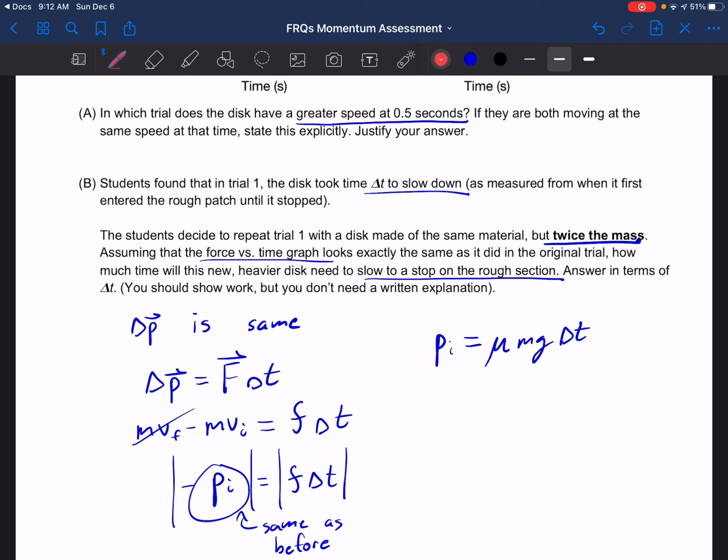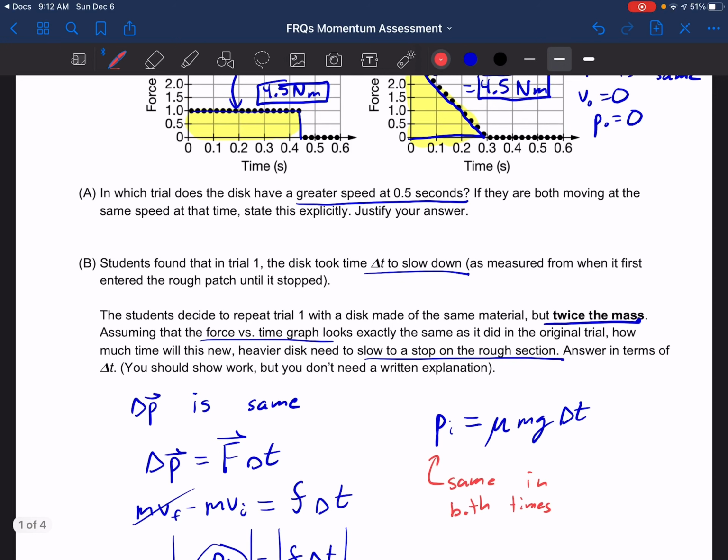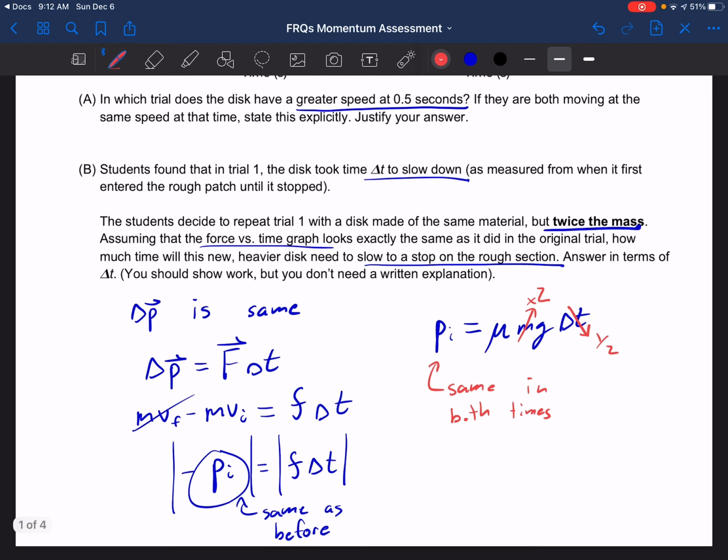Now, like I said before, this impulse is the same in both cases, because we're just looking at trial 1, but with one that's twice as heavy. The mass is doubled, they're telling us the mass of the disk doubles. So that delta t is actually going to go down by a half.